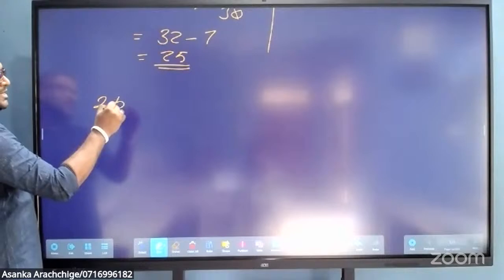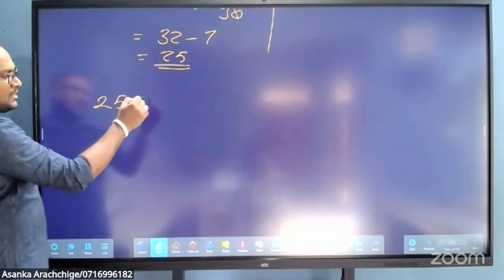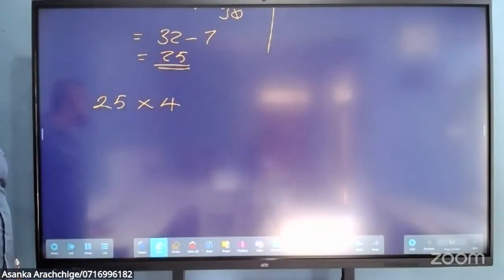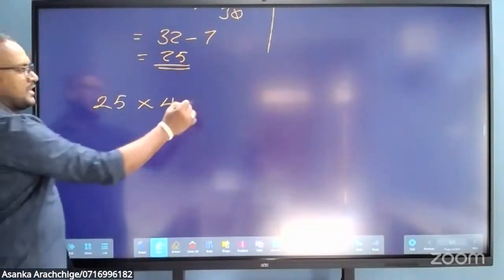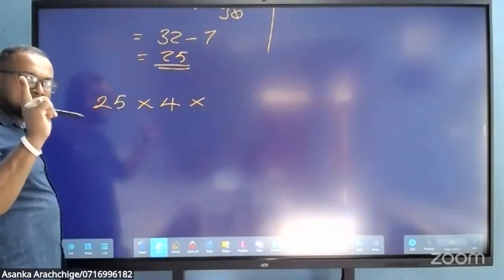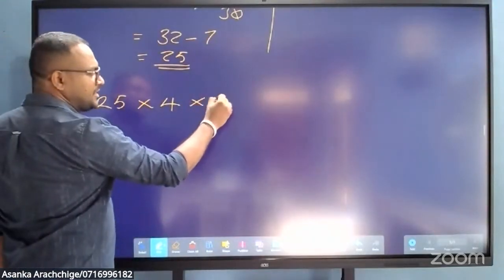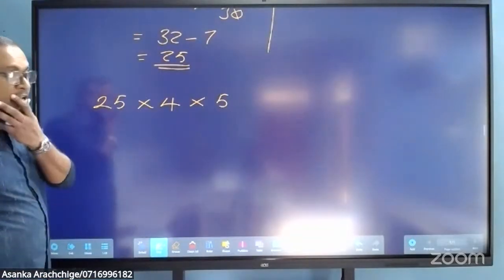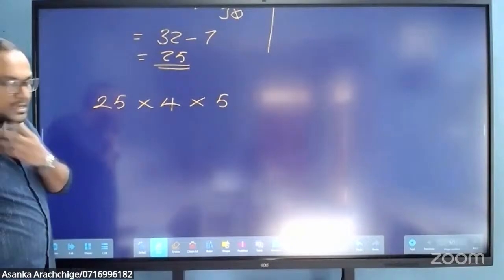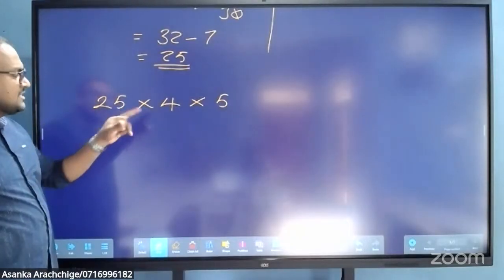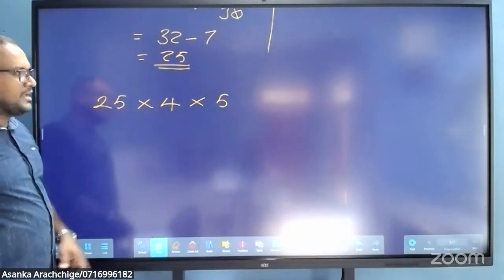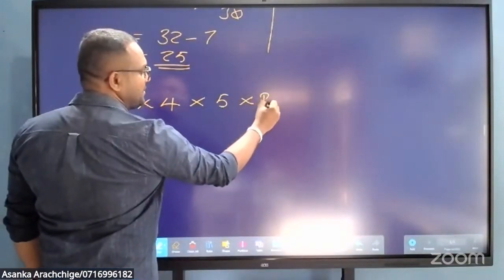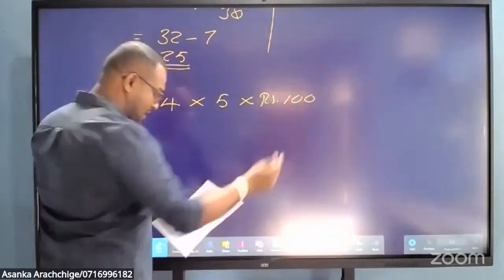25 hires per week. This is multiplied by 4. This is the number of hires for 4 weeks. Then the average distance of one hire is 5 kilometers. It is multiplied by 5. This is the total number of kilometers this person hires in 4 weeks. Then the charge for 1 kilometer is 100 rupees, multiplied by 100 rupees.